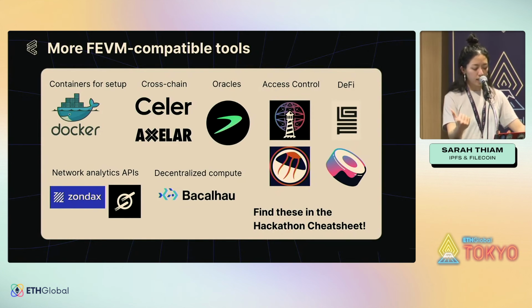We also have network analytics APIs, and decentralized compute. These are all resources that you can find in the hackathon cheat sheet. They are not only on mainnet, they are also on Hyperspace, and I have the contract addresses in the cheat sheet. So if you want to use them, just hit in there and use them as well. There are many other integrations that you can build your project out with.